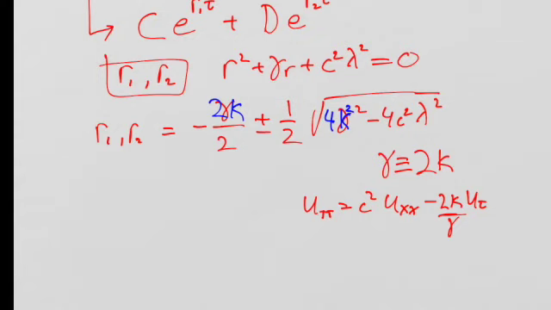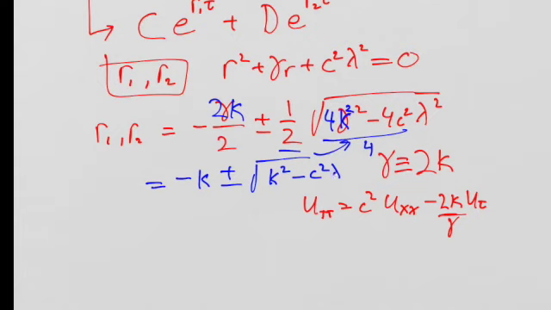And so you would end up with minus k. This 2 would go inside the radical as a 1/4. So you would get k plus or minus the square root of k squared minus c squared lambda squared.